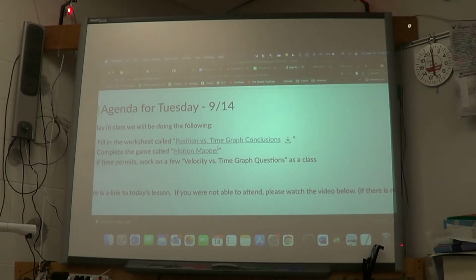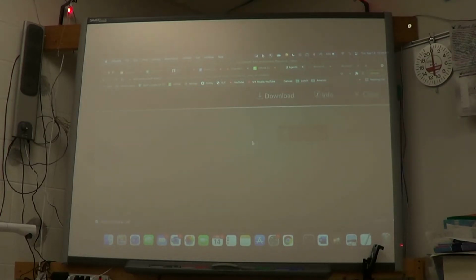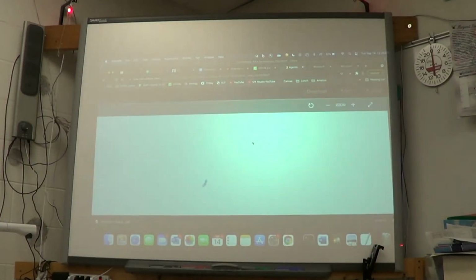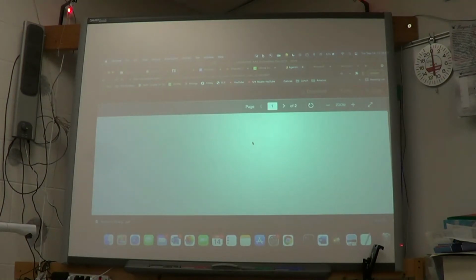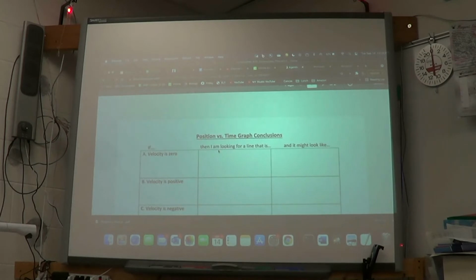There's a sheet that you picked up called Position versus Time Graph Conclusions. It's two-sided, but we're only going to deal with the position versus time graph right now because that's all we've talked about. It's written in an if-then format.